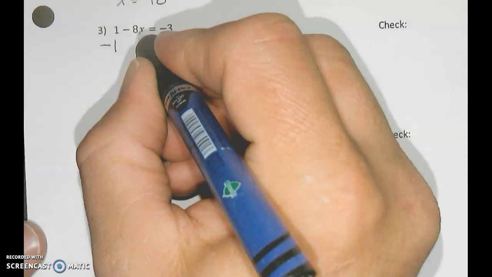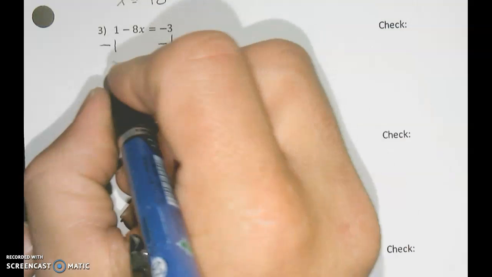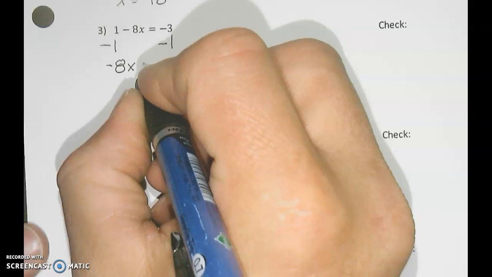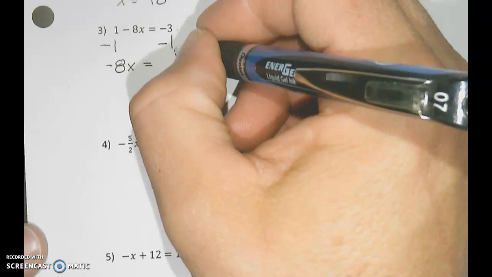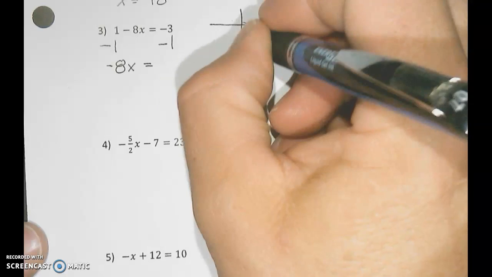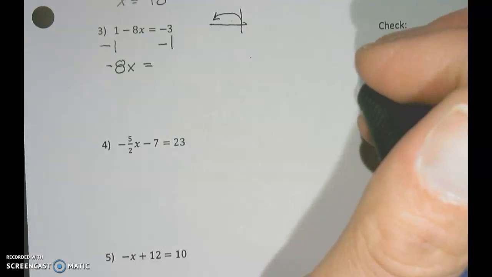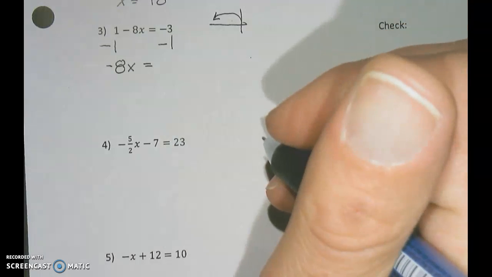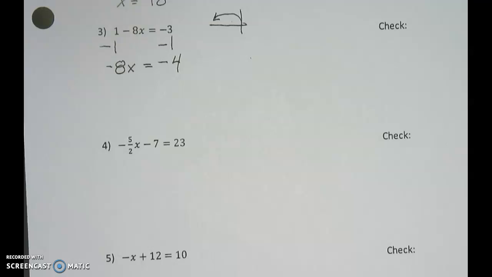Does that make that a positive 8x? So that's still going to be negative 8x, because everything just gets brought down as it is. Then I'm going to go -3 minus 1. So if I start here at -3, and I go to the left another 1, how much is that? What's -3 minus 1? -4, because you're going to the left.